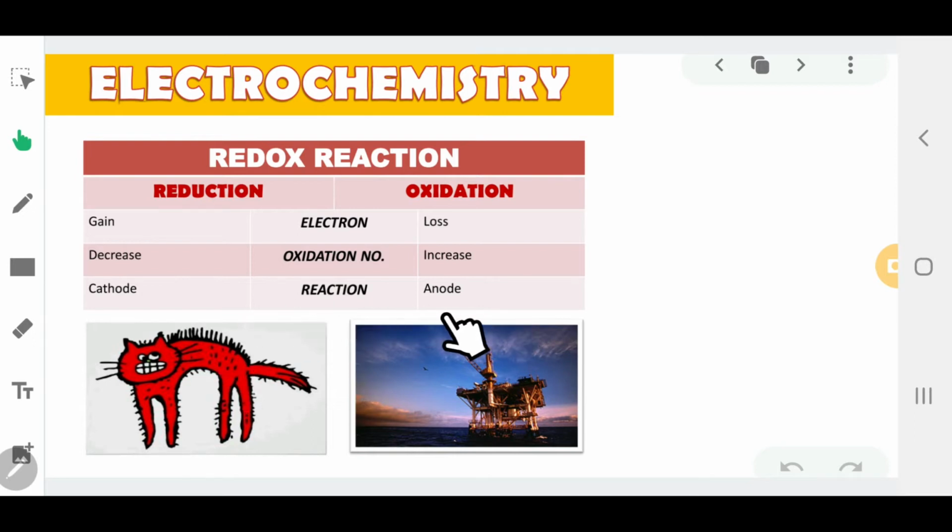So remember that I did tell you that the two pictures that I have provided for you in this video representing a mnemonic that can help you to remember the process better. And how we're going to use these two pictures to help you to remember reduction is going to happen at cathodes, oxidation is going to happen at anodes.